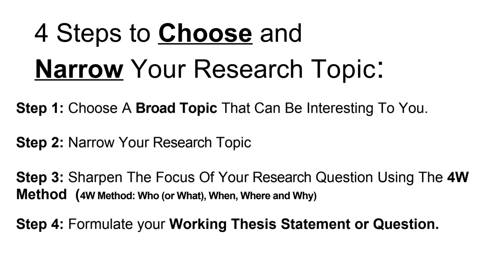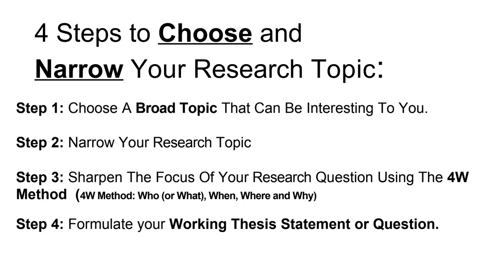Okay, so there are 4 steps that we need to conquer so we can narrow down our research paper topic. These 4 steps help us choose and narrow down our research topic. The first step is to choose a broad topic. This is when we start to brainstorm and just have an idea of what we want to search for.